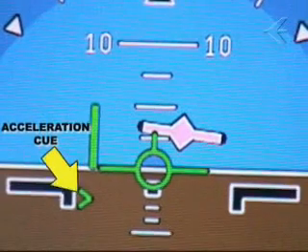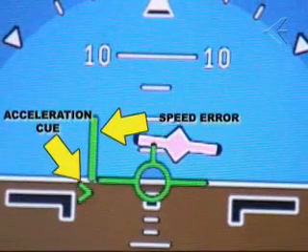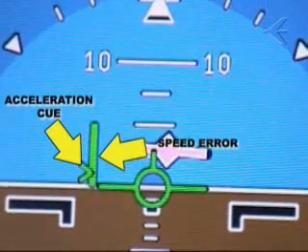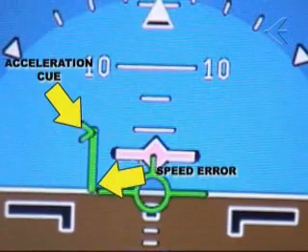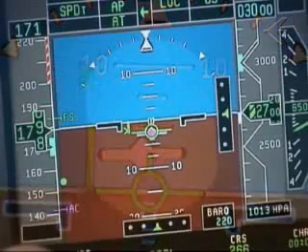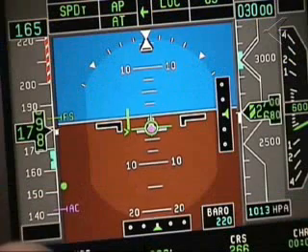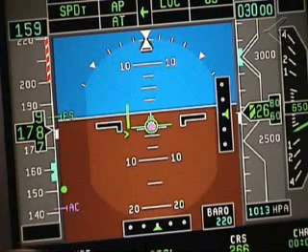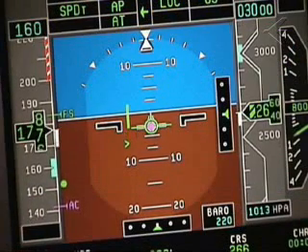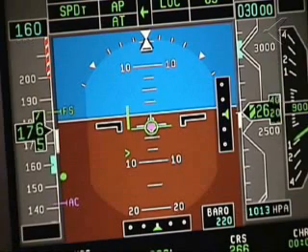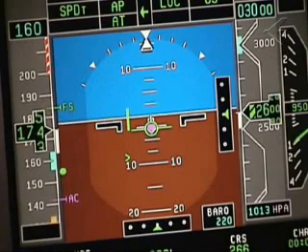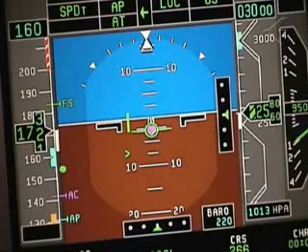The acceleration cue symbol can be used in combination with the airspeed error symbol to maintain target airspeed. For example, when the airspeed error tape is above the wing of the flight path symbol, the throttles can be adjusted to bring the position of the acceleration cue symbol below the wing of the flight path symbol by approximately the same distance.